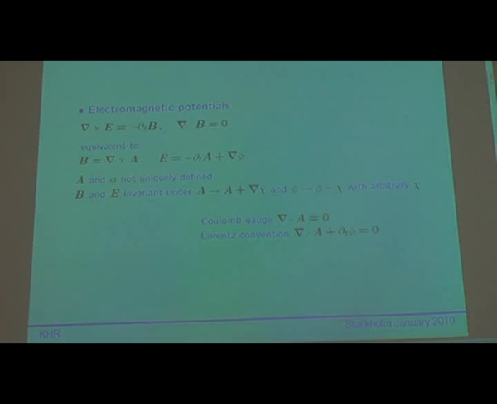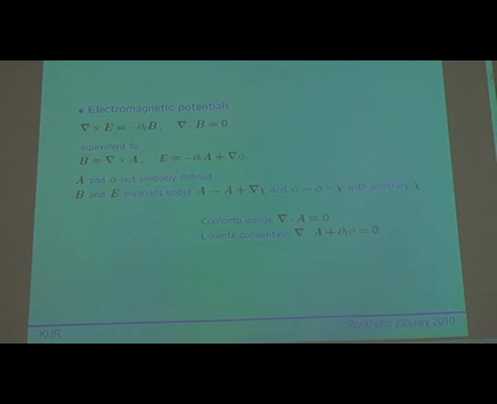You know that A and phi are not uniquely defined. You have gauge possibilities. B and E are invariant under these transformations.